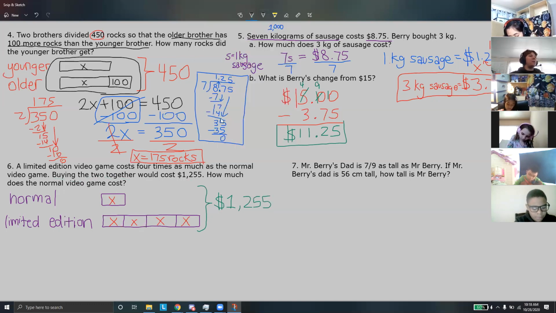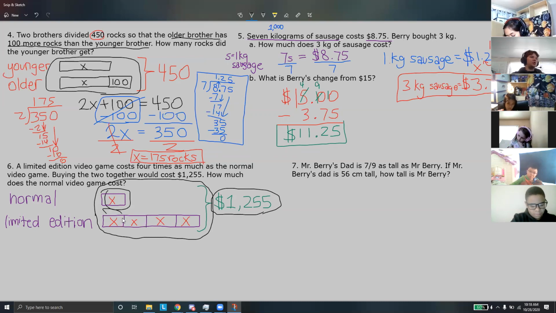And so now what we need to do is convert this into an equation. And so to convert this into an equation, we know that everything on the left is equal to the total. So to write that on the left, we have 1, 2, 3, 4, 5 x's. That's it. We just have 5 x's. So 5x.